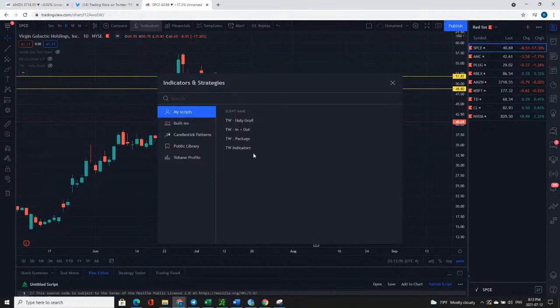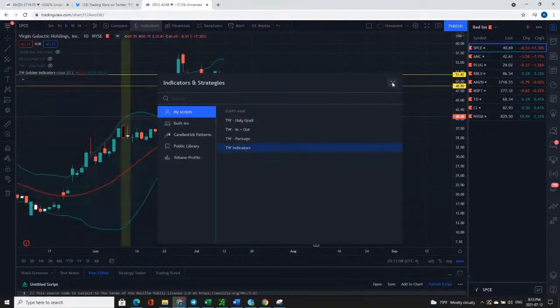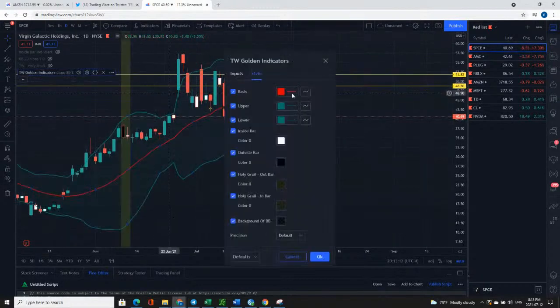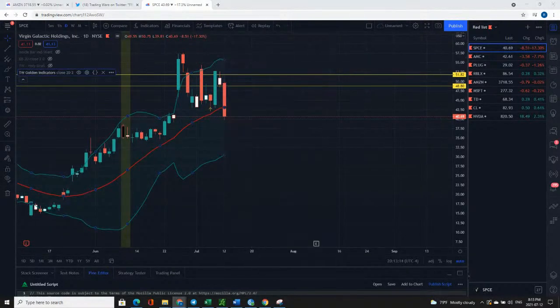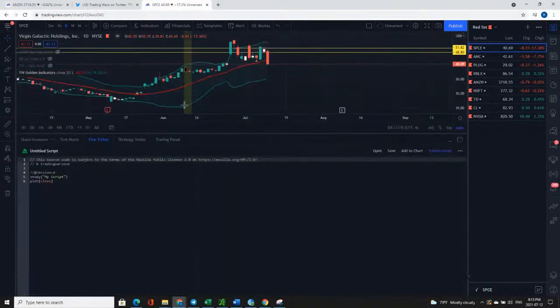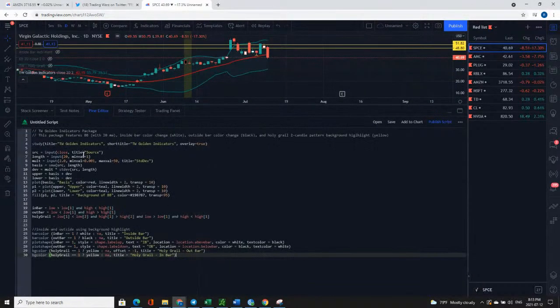So let's go my scripts, trading wars indicators. Okay. What did I do? Okay, hold on. Let me copy the code again for myself. And then we'll go through the recap. So here we go. Where's golden indicator? Add to chart, save.